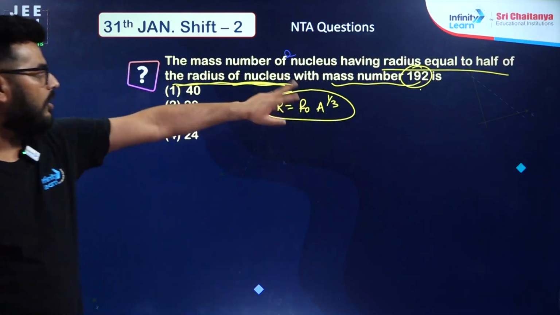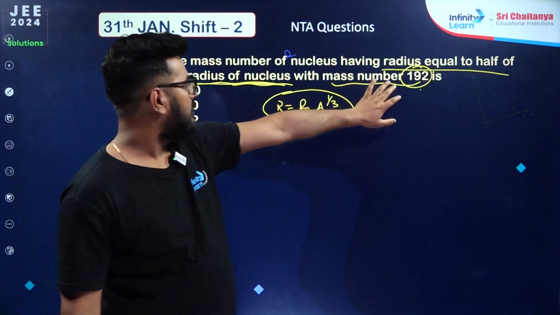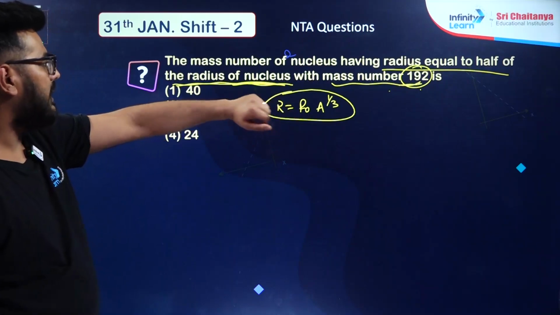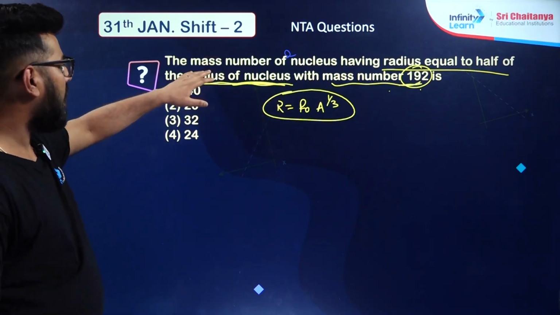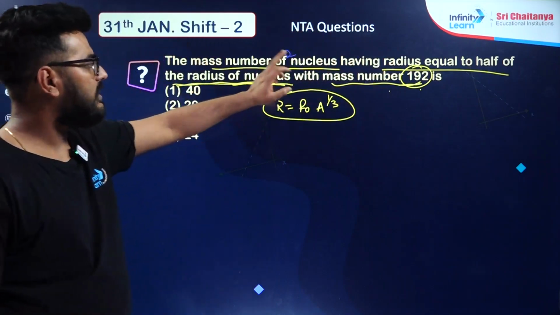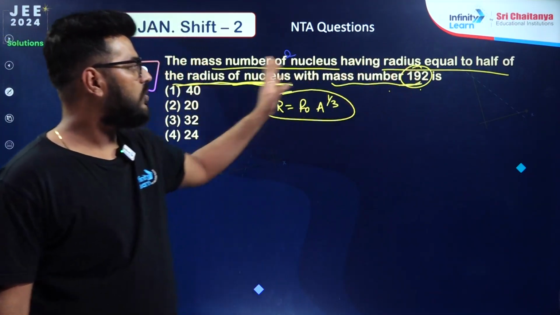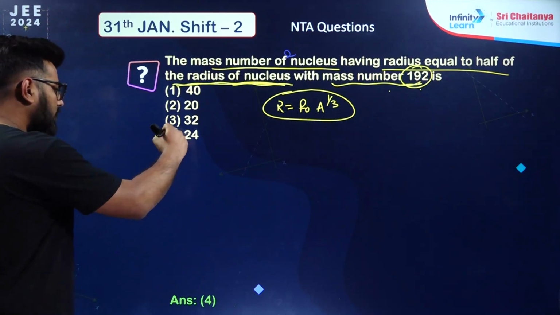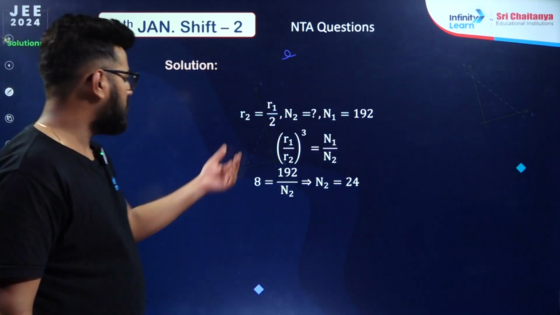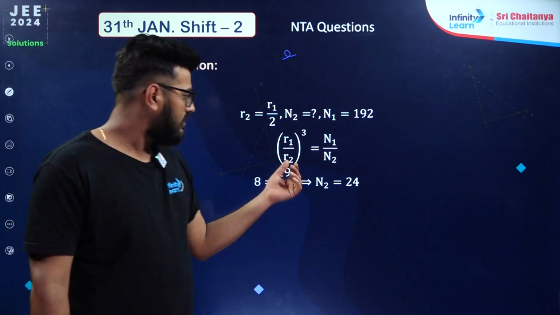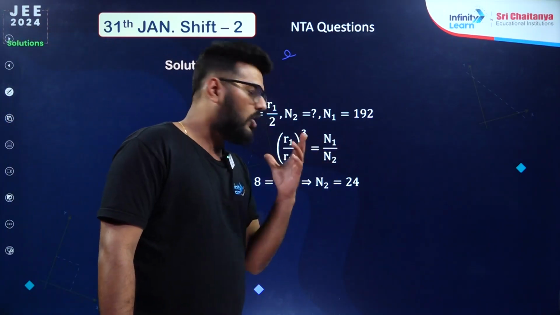Based on this, the mass number is given for one of them, the mass number 192, and you need to find the mass number of the other nucleus, and they have given the ratio of the radii. So based on this expression, simple, option number 4 is going to be the correct answer, and you just need to use this expression. So the radius whole cube will be the mass number.